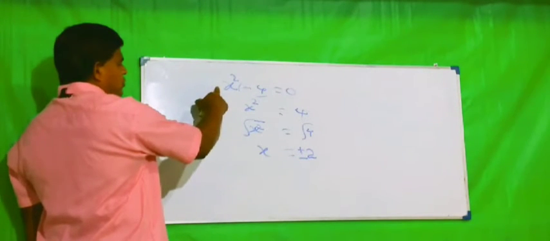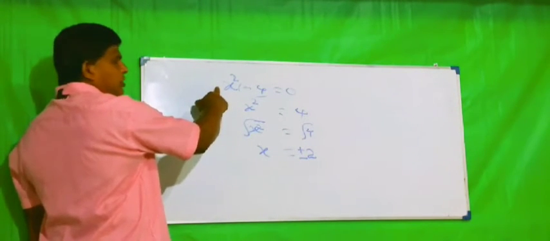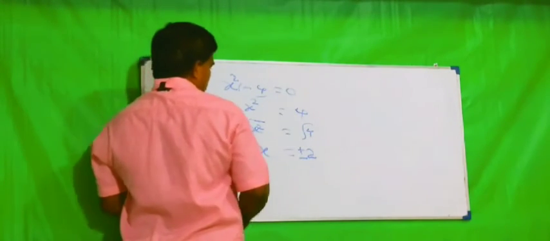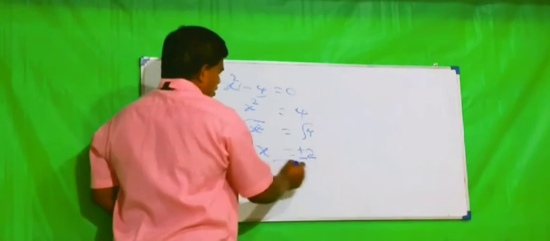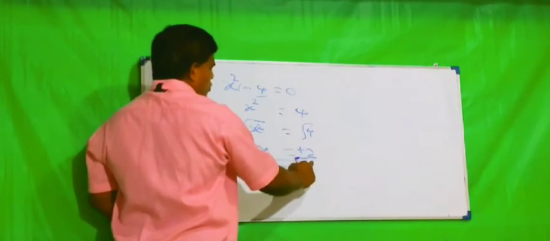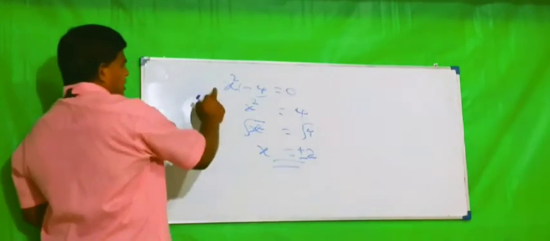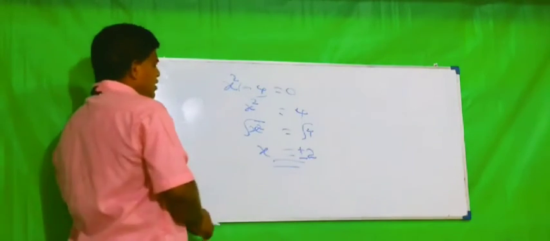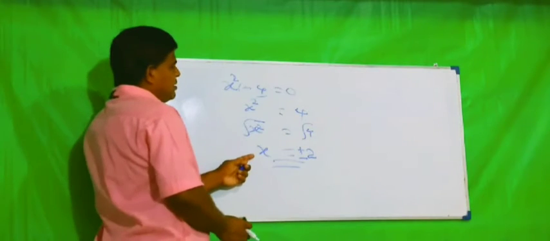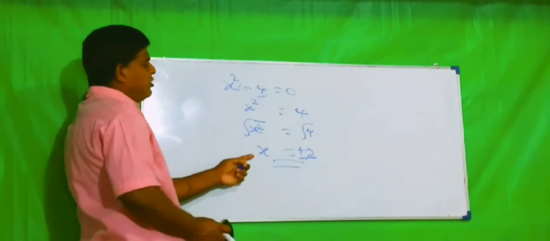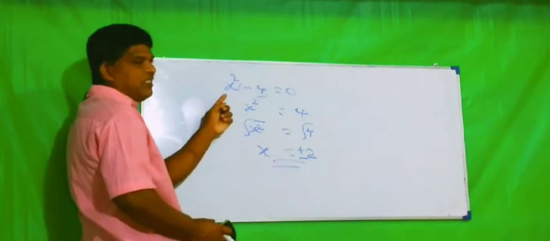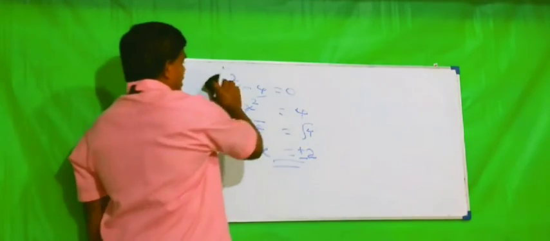There are two values, two solutions, of a quadratic equation. Here the answers are plus 2 or minus 2, the solutions of this equation. So this method is very useful for us. In early grades also we have solved equations like these.